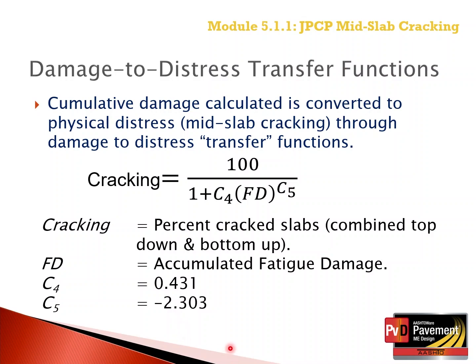The values for C4 and C5 may vary between different publications of the MEPDG Manual of Practice depending on the results of any calibration that has been completed more recently. The coefficients and exponents of the transfer function are also included in the output report for the PMED software.